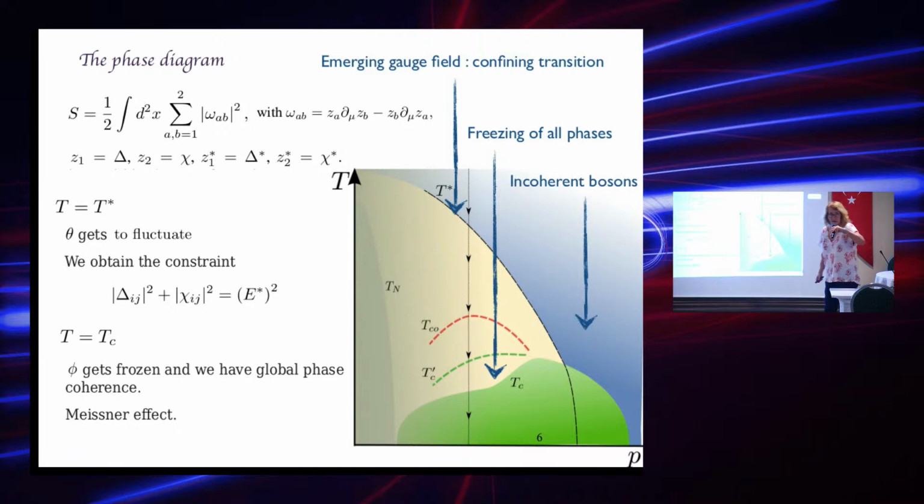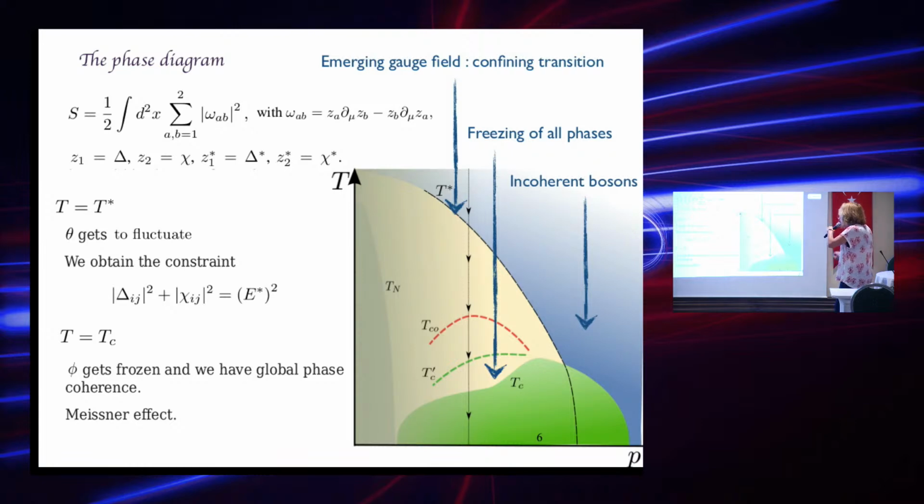Okay, so this is the slide. The system below T star is described by an effective field theory, which is a chiral rotor, a quantum rotor model. So it's a chiral model, which is equivalent when you do a Hopf mapping to a CP1. So it will be equivalent to a nonlinear sigma model with a gauge field.